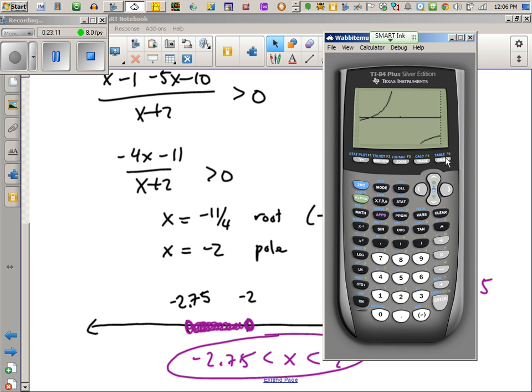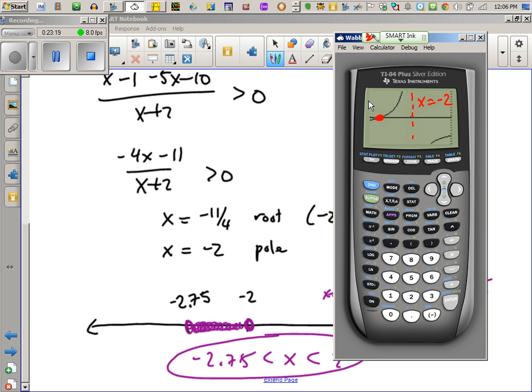Yes. Okay, so what I'm looking at here is this is x equals negative 2. This is actually our asymptote, see? And here is your root at negative 2.75. And the only part of the whole curve that is actually above the x-axis is this tiny little region. That's it, just that tiny little space. Everything else is under the x-axis. You can see there's a little bit tailing off there. This whole piece is under the x-axis. Just that little piece, just like we said, above the x-axis. It's a greater than 0 problem.